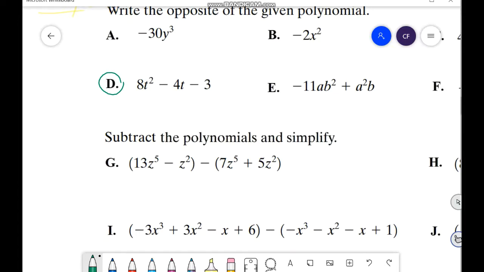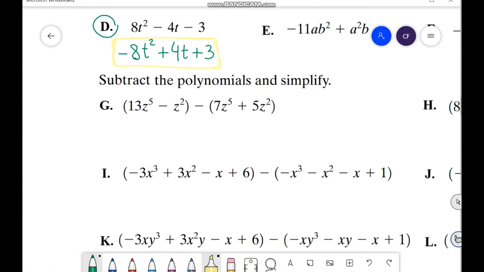If the term is positive, you write it negative. If the term is negative, you write it positive. And this is the right answer. This is the opposite of the given polynomial. Okay? This is the first part, very easy, simple.